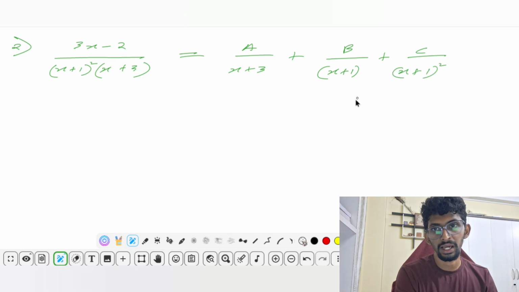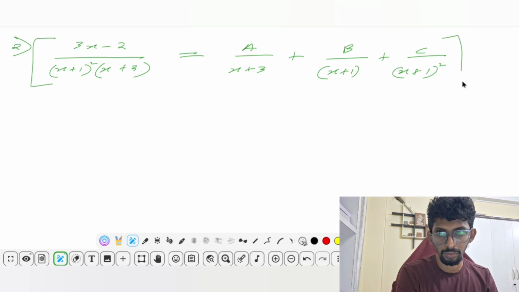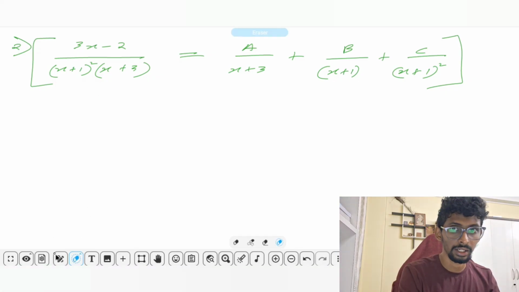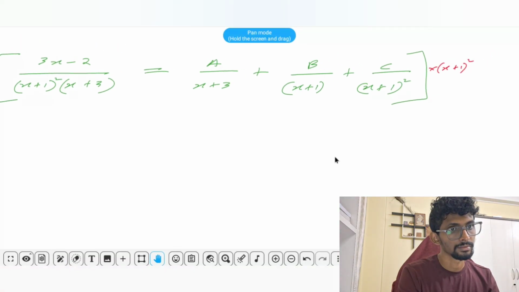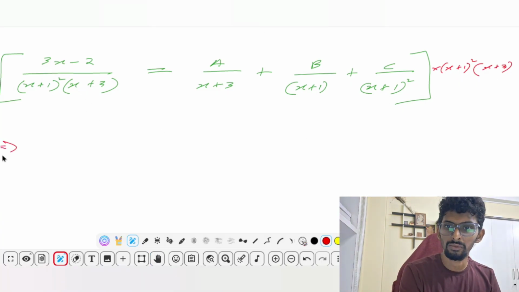So what will we do next? We will multiply this equation by this denominator, that is x plus 1 whole square times x plus 3. Okay, now if I multiply this with LHS, the denominator will get cancelled.